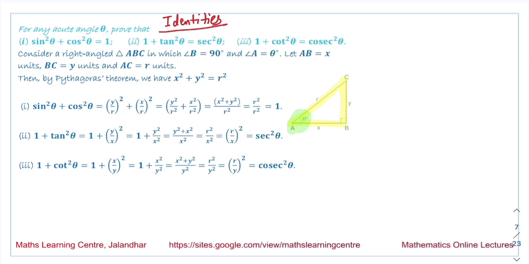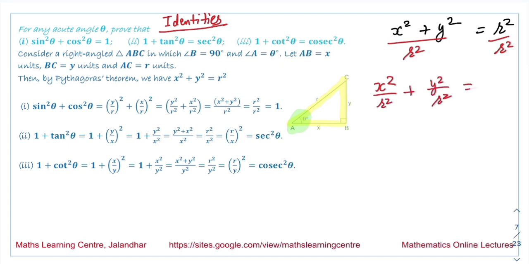If we write the statement of the Pythagoras theorem, we have x square plus y square equal to r square. Now if we divide this whole equation by r square on both sides, we get x square over r square plus y square over r square is equal to 1.